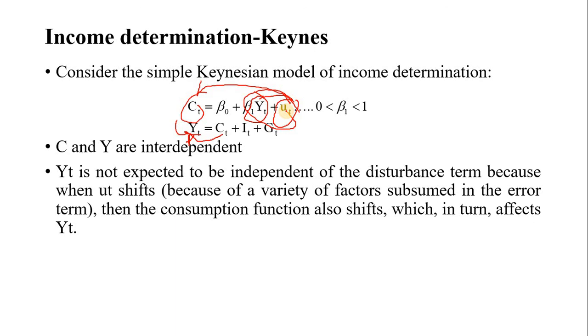But when we have simultaneous equation models, UT will influence the independent variables. In the second equation, the dependent variable in the first equation will influence the dependent variable in the second equation, and thereby the independent variable and error terms will both be related with each other, and it violates one of the assumptions of OLS.